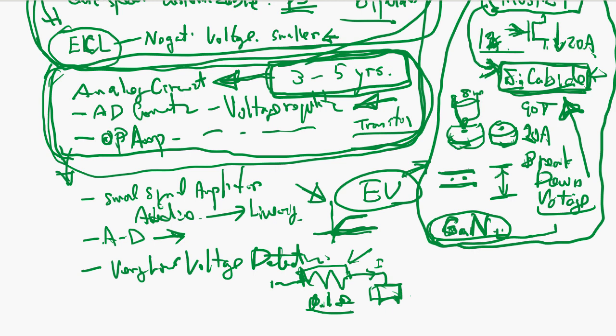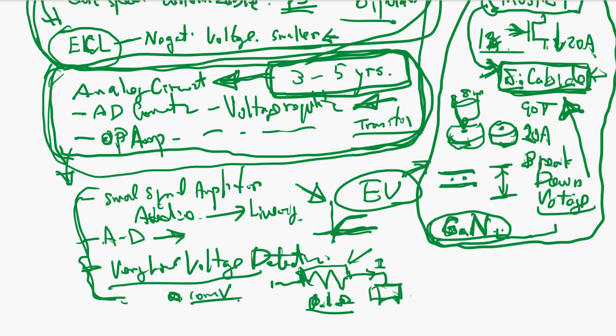When current decreases, voltage gets even smaller, and at some point you have to know, okay, charging is done. How do you detect such a voltage, probably 10 millivolts or below, right? So each analog circuit has the challenge of designing the circuit at the transistor level, and you put that together into a silicon chip, then you have a one-chip AD converter, or one-chip op amplifiers, or voltage regulator, those things.